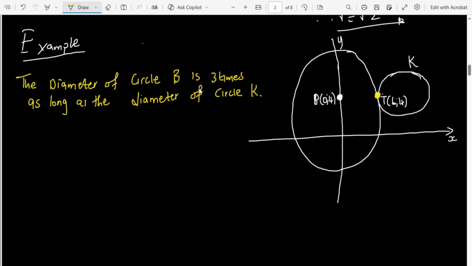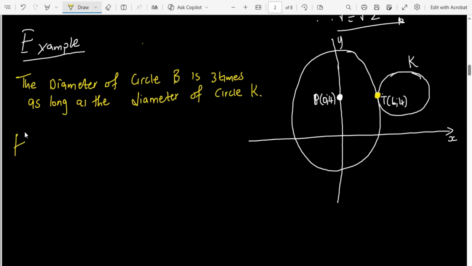Circle K. So we are given the diameter. Remember the diameter is a line drawn from the circumference that passes through the center to another point on the circumference. And they say that the diameter of circle B is 3 times as long as the diameter of circle K. We'll talk about that.